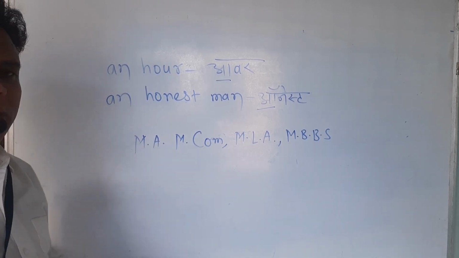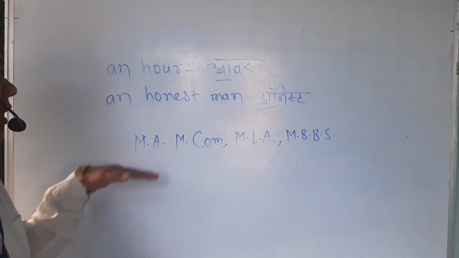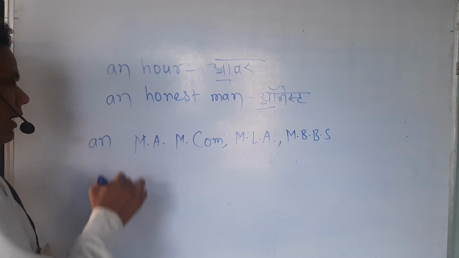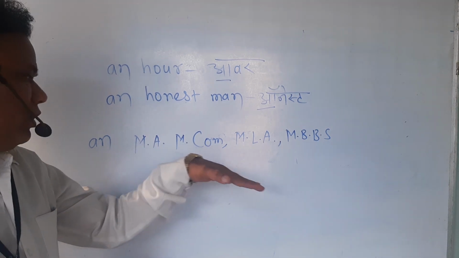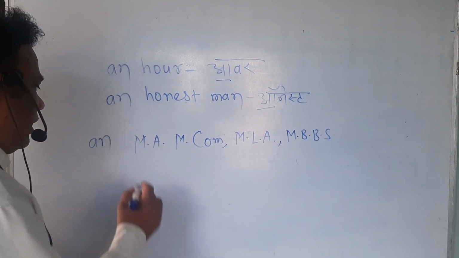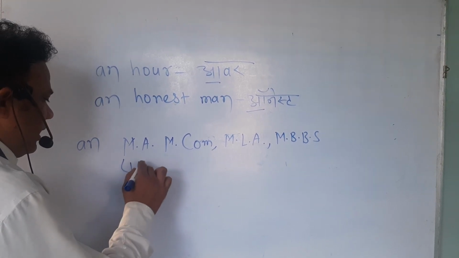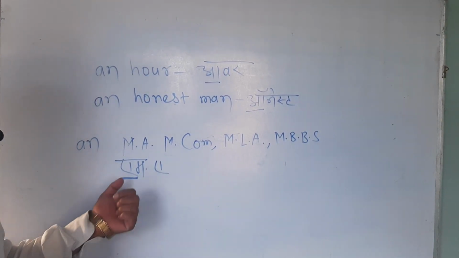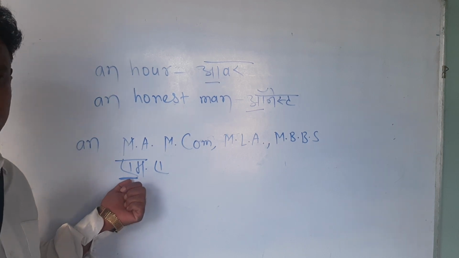But even if the letter M is a consonant, here we have to use the article an. Because how do we pronounce it? 'Em-A'. See, 'em-A'. So which sound is coming first? The sound of A is coming first.